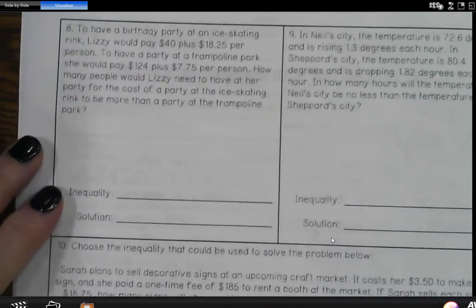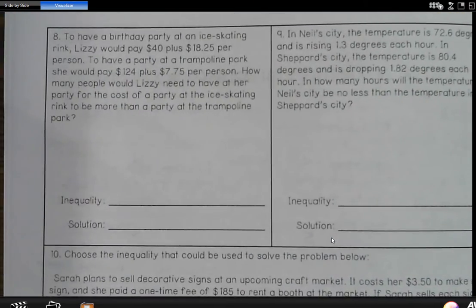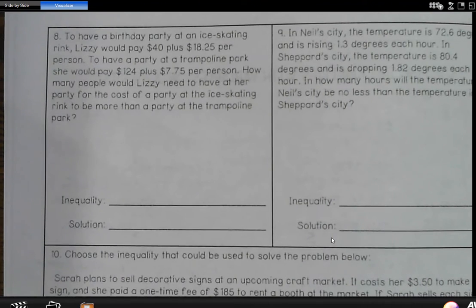All right, backside. All right, number 8, I want you to write that. Just write the inequality. You're not going to solve it. You're just going to write it.